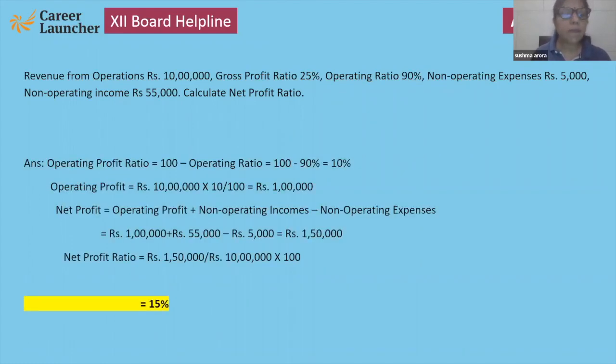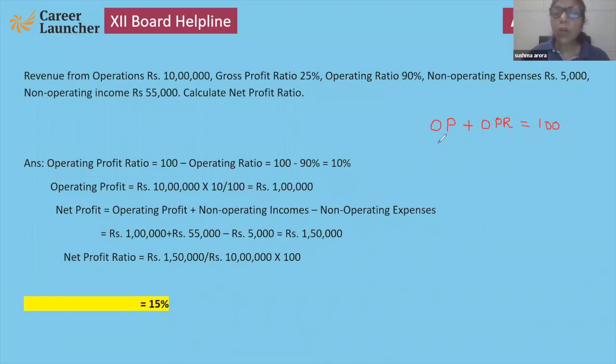Operating profit ratio is equal to 100 minus operating ratio. Just now I gave you one point: operating ratio plus operating profit ratio, the sum will always be 100.